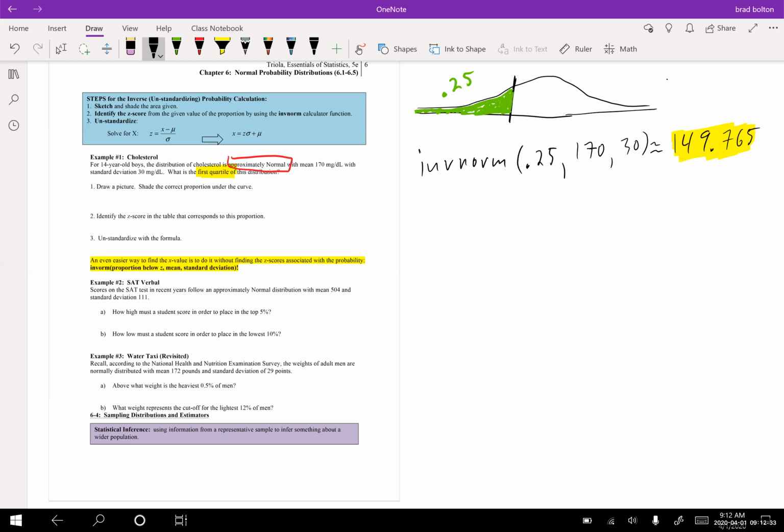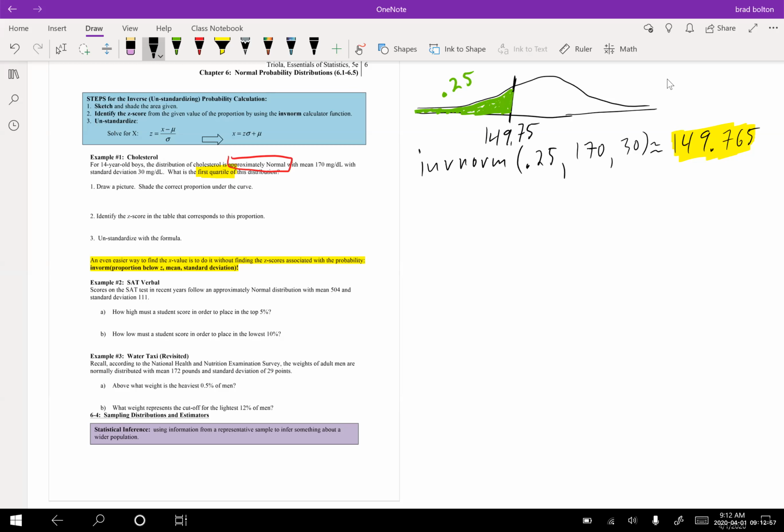So that's the 14-year-old boy's actual cholesterol or estimation of it. And that would be the first quartile of the distribution. So we're saying that 149.765 would have 25% of the distribution below it. 25% of the values are below it, okay?